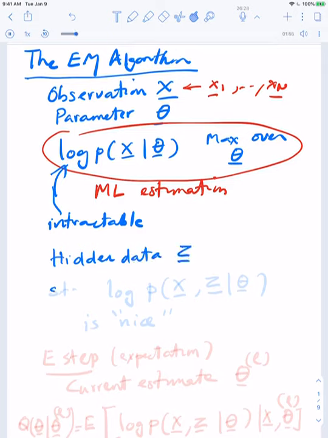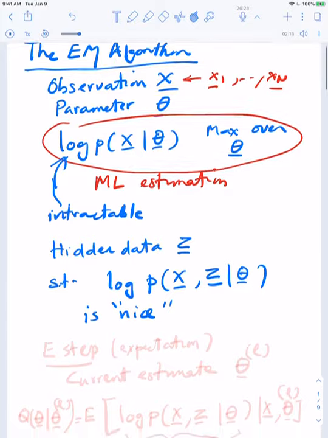You come up with it such that log of the joint density P of X and Z, basically the observed data and the hidden data given theta, is nice. So in what sense does it have to be nice?